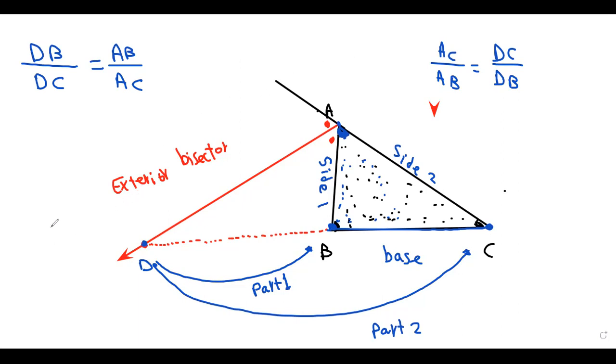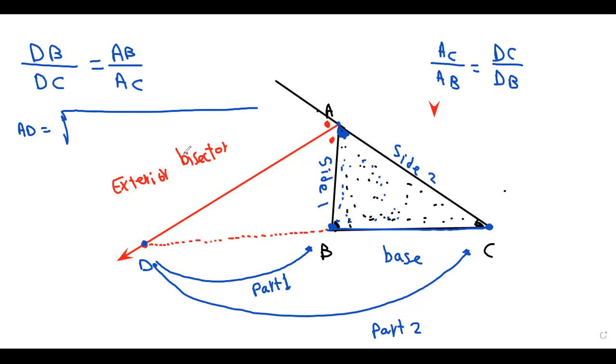And how can we find the length of this exterior bisector, AD? It will be similar, but in the previous one, the interior bisector, we multiplied side 1 times side 2 firstly, minus part 1 times part 2.